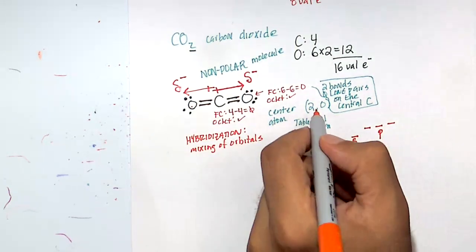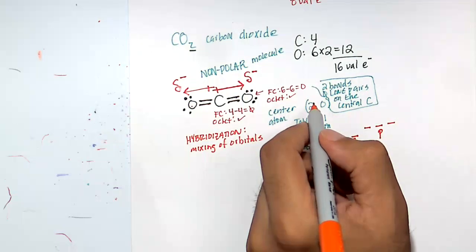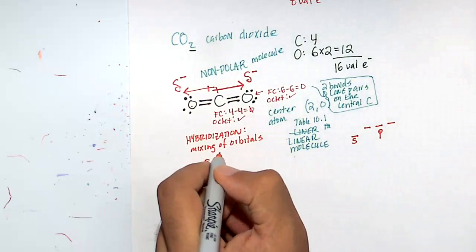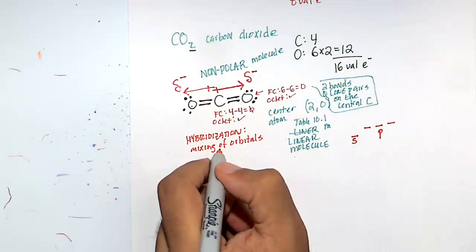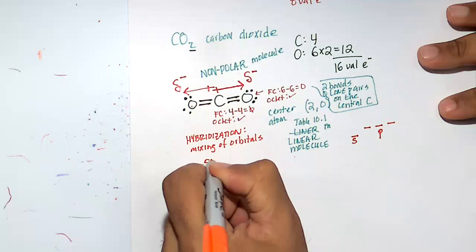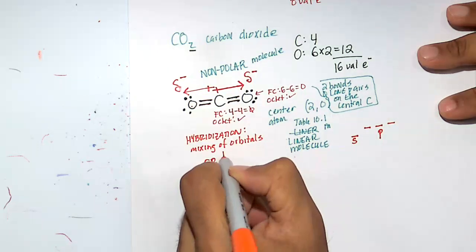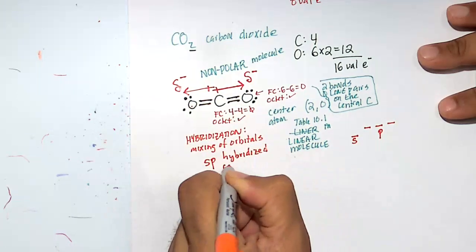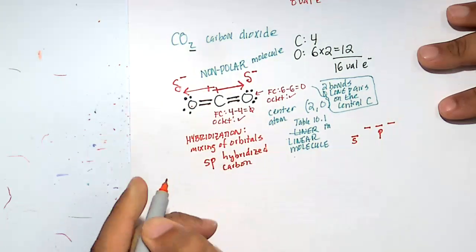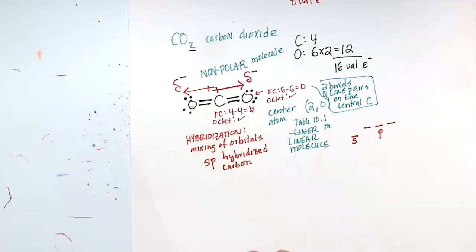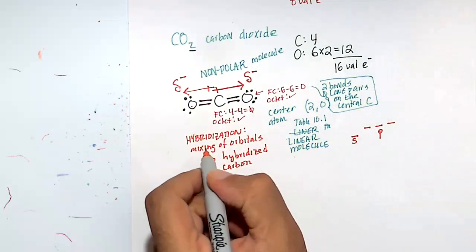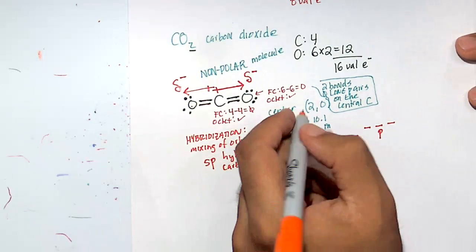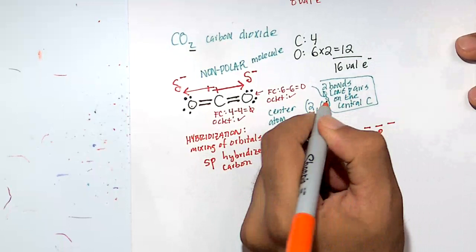To get to 2 bonds, we're going to take 1 of S, that's 1, and then where will we get the second one for 2? We'll get it from P. So this is called an sp hybridized carbon. So 1s, don't put s1p1, just put s and p. So 1s plus 1p is equal to 2, and that's your 2 and 0.